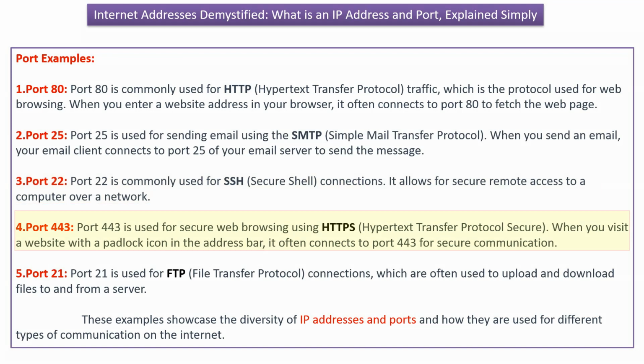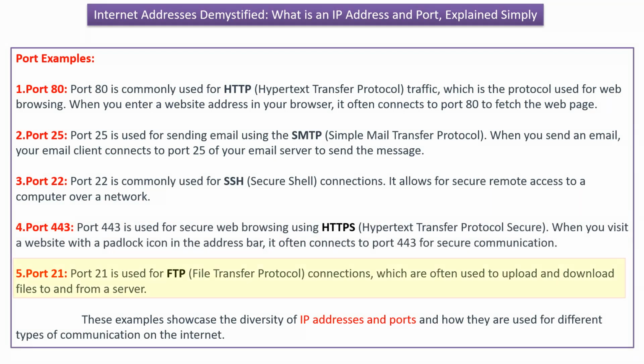Port number 443. Port number 443 is used for secure web browsing using the HTTPS protocol. HTTPS is nothing but Hypertext Transfer Protocol Secure. When you visit a website with a padlock icon in the address bar, it often connects to port number 443 for secure communication.